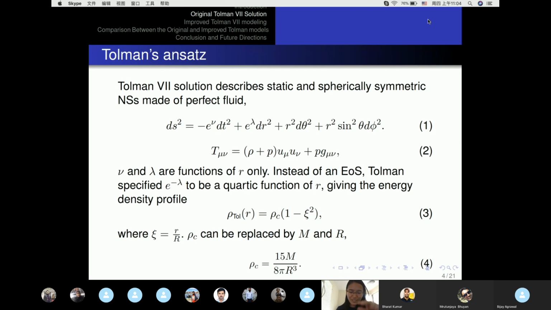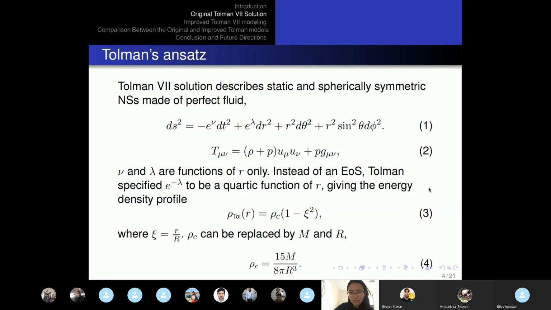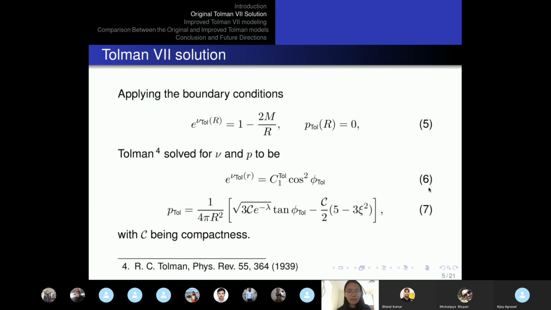So this model is a two parameter model parameterized by either mass and radius or the central energy density and radius. And then after applying the boundary conditions, like for the e to the nu and the pressure, Tolman can solve for the nu and p to be expressions like equation 6 and 7.